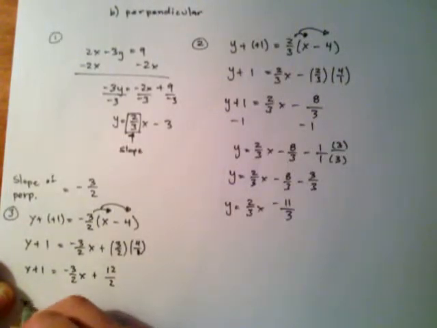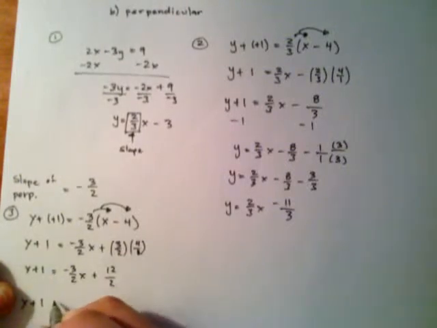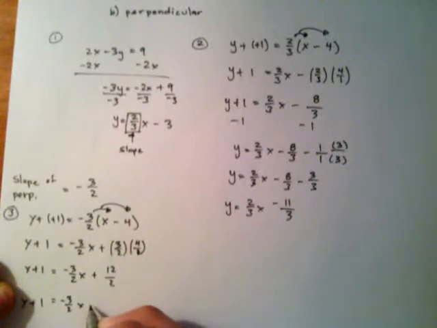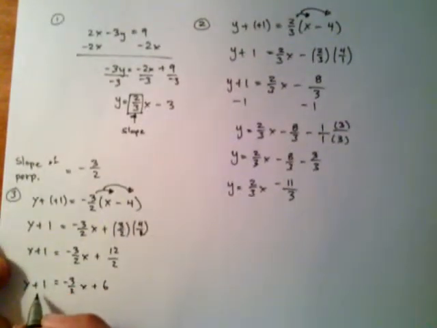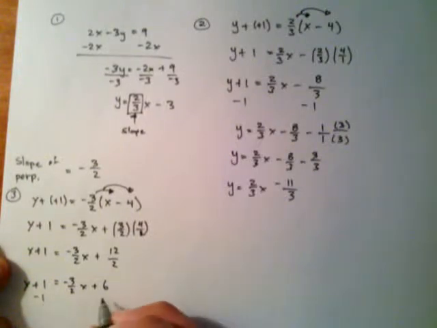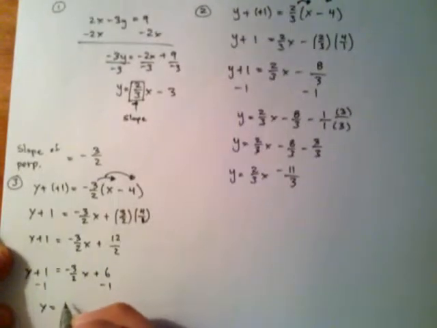Now we can reduce this. 12/2 gives us 6, and we want to get this in slope-intercept form, so we'll begin by subtracting 1 from both sides, and we're left with y is equal to -3/2 x plus 5.